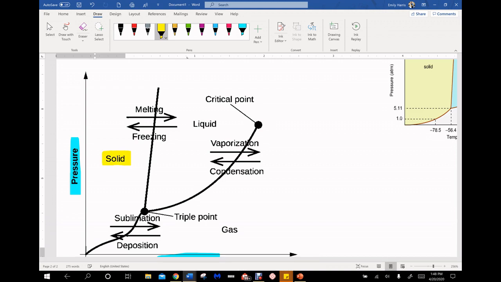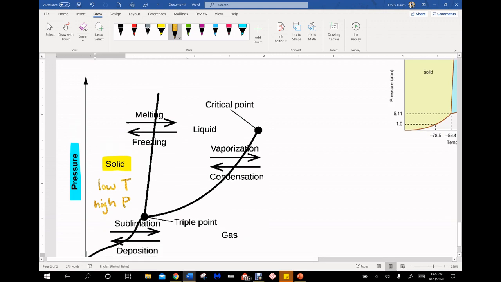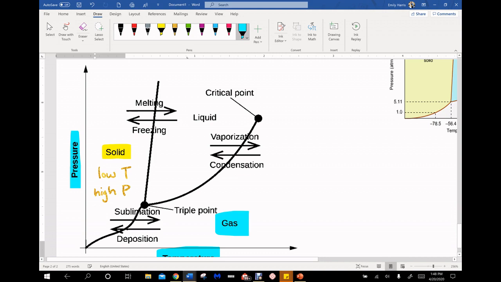So the solid portion is on the left, and that's because solids tend to be found when the temperature is low and the pressure is high. High pressure keeps everything compact, and low temperature keeps them from moving around a lot. Gases are kind of the opposite.